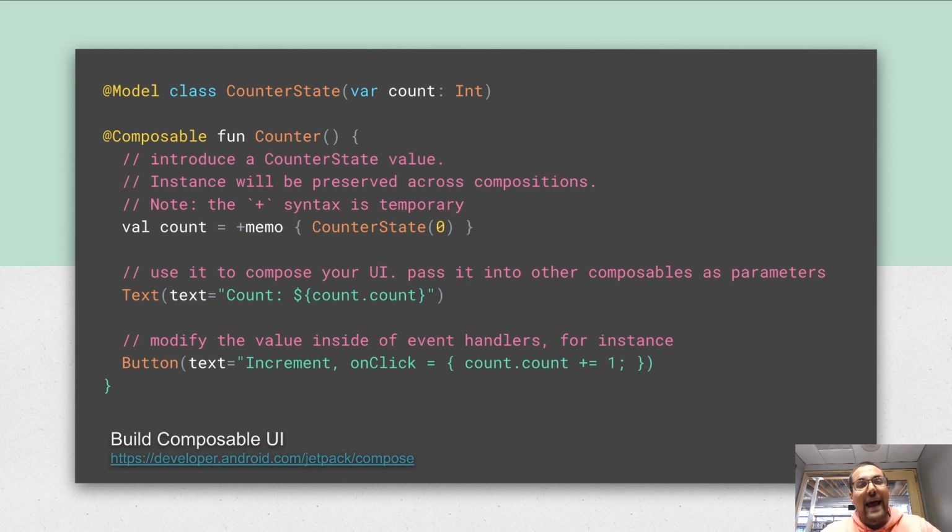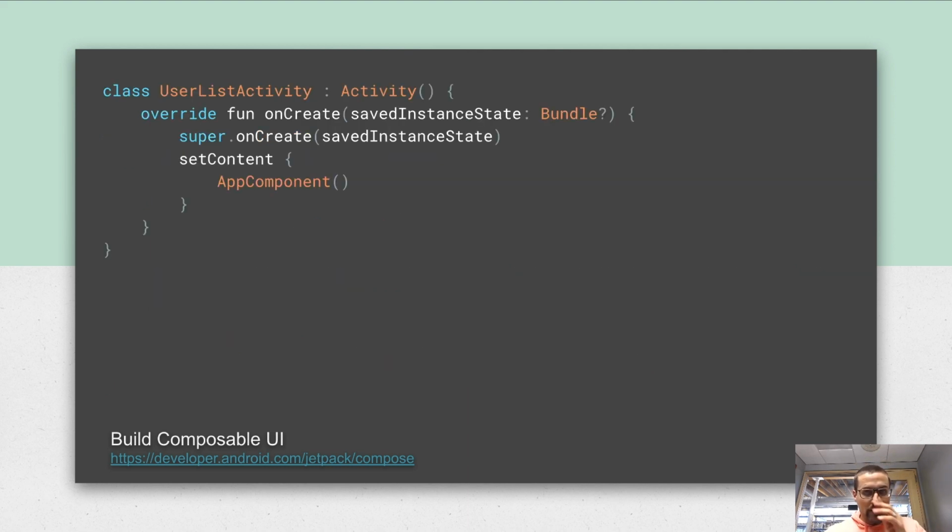We can then add the Model annotation to CounterState to indicate to the Compose compiler that the properties of that class should be observable. So we don't have to define them as observable, but the composable elements will be able to react to them as if they were, which is pretty cool. And then we can shim this into the existing UI layer by calling setContent and passing in our top-level composable element. So if you are familiar with, let's say, Flutter, this probably looks very familiar.